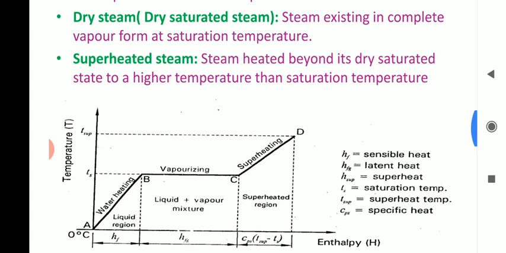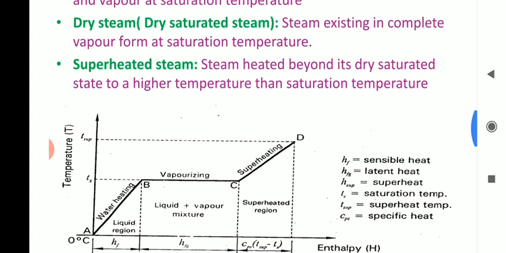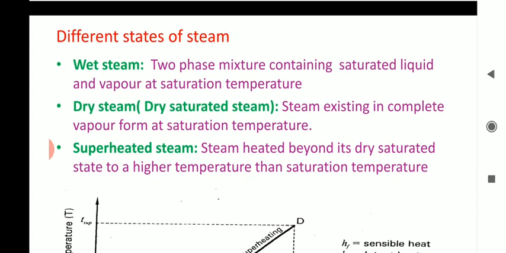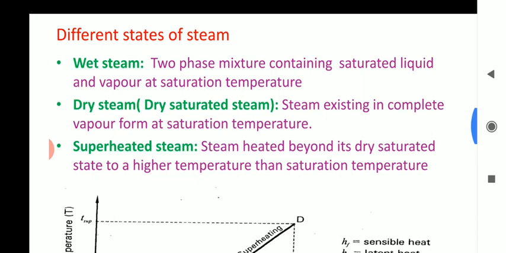It can be defined as steam heated beyond its dry saturated state to a higher temperature than the saturation temperature. So from point C, whatever amount of heat is added is going to raise its temperature. From the saturated state it reaches a superheated state. So these are the three main states of steam: wet steam, dry saturated steam, and superheated steam.